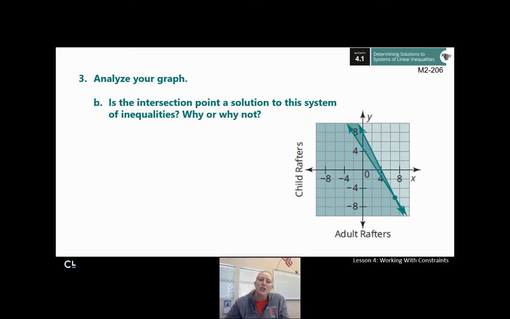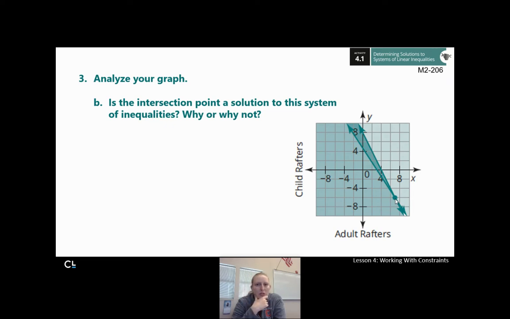Is the intersection point a solution to the system of inequalities? So this little point where they meet up, is that a solution? Why or why not? Go ahead and hit pause, jot down your thoughts. Let's talk about it. So this little intersection point, we said when the lines are solid, we mean that the line is a possible solution, right?